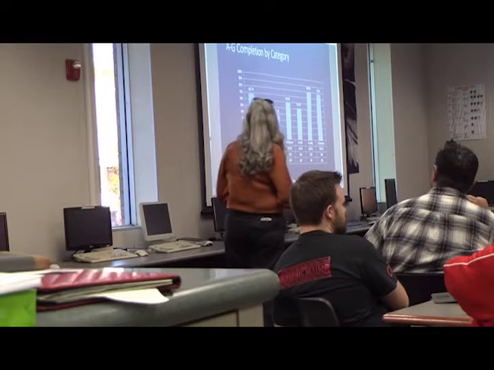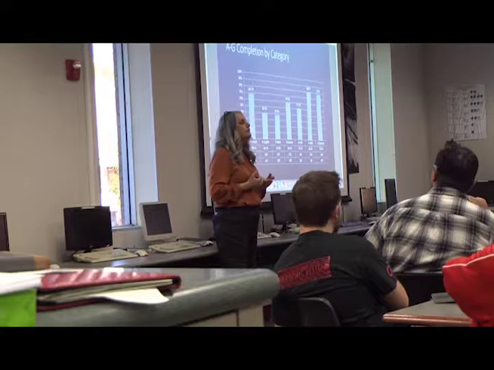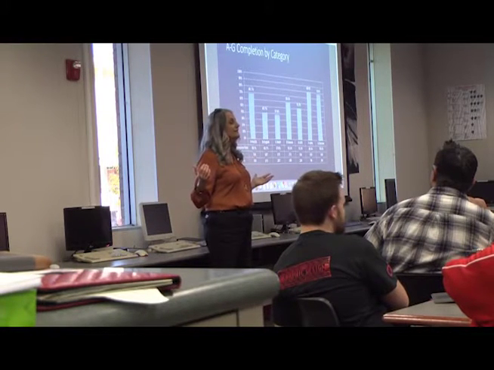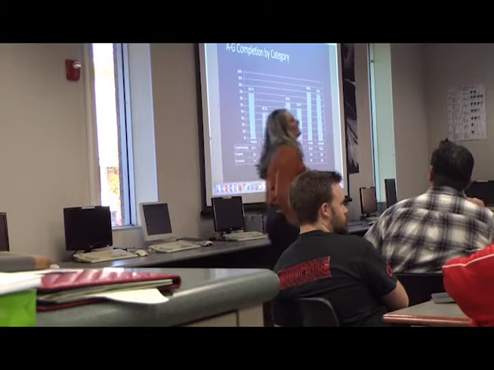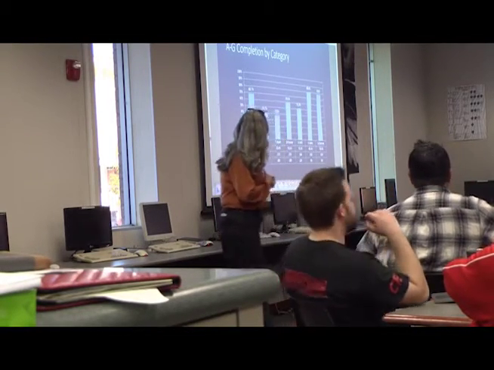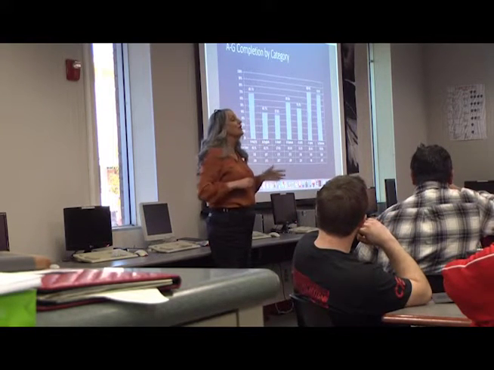So what do you see that we're having difficulty with as a school? What do you see? Math. Not a surprise, right? Math teachers. Art. Yeah, actually, that's a great question. What are our strengths here?